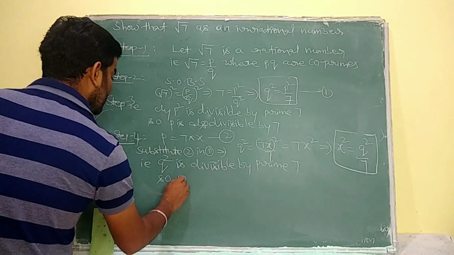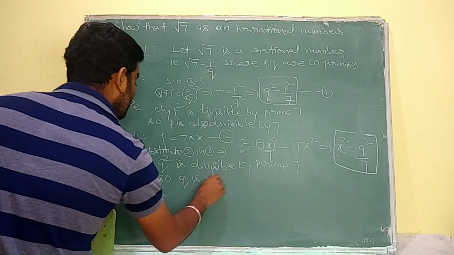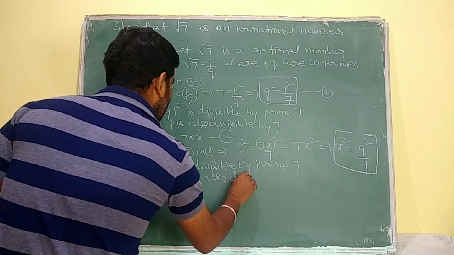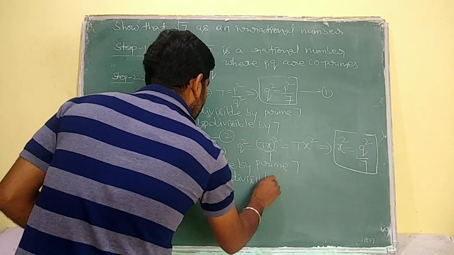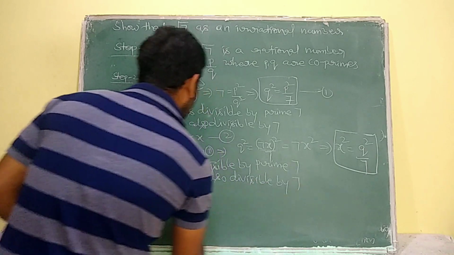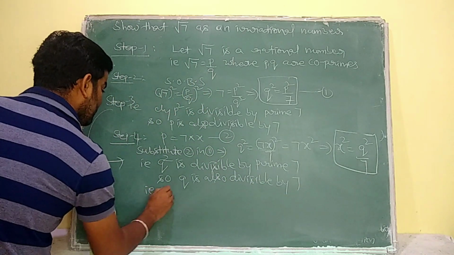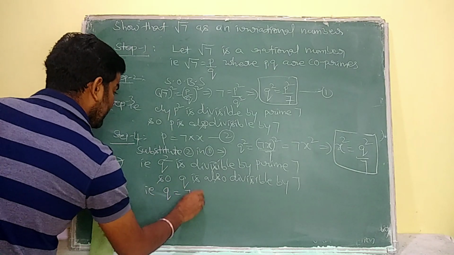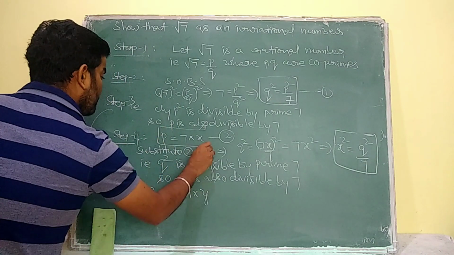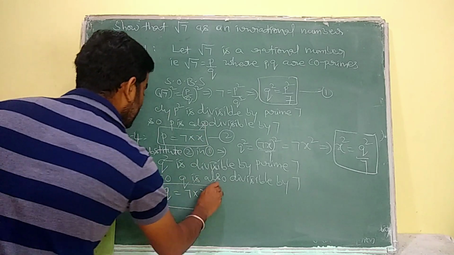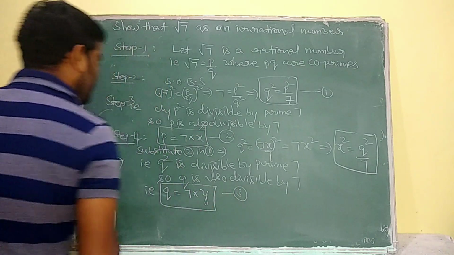So q is also divisible by 7. That is q is equal to some 7 into y. So we have to assume this as 3.